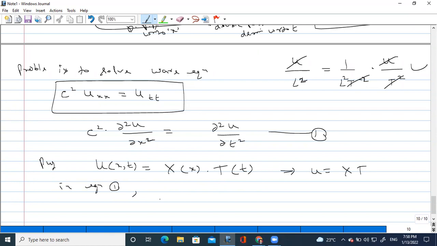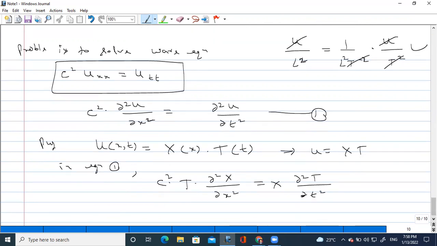So what will we get? c² into ∂²u/∂x², the double differentiation, because this is partial differentiation, t will be constant here. So T into ∂²X/∂x². That will be equal to ∂²u/∂t², so X will be common here, ∂²T/∂t². So like this you can do.